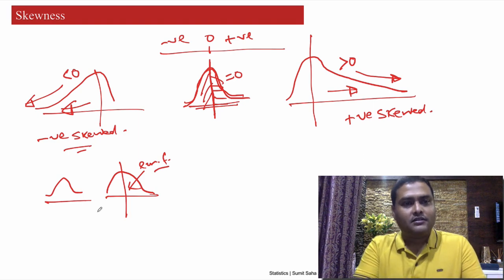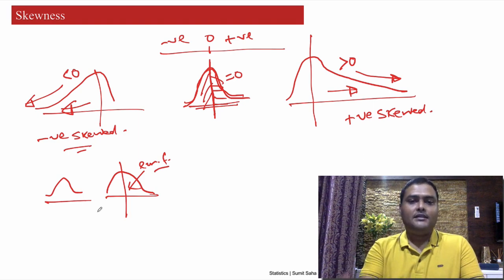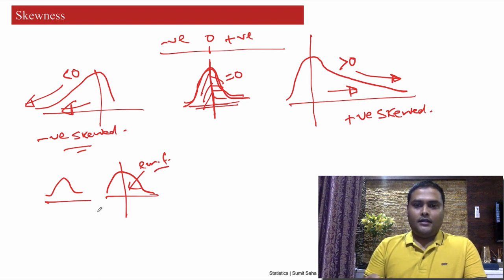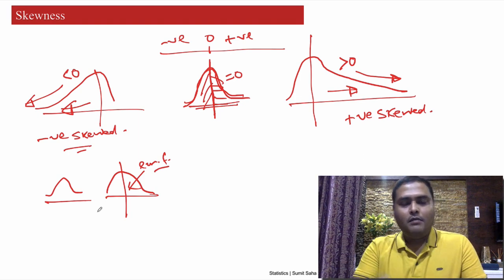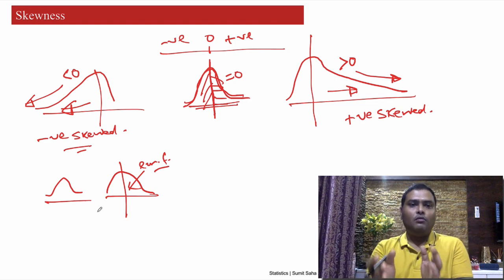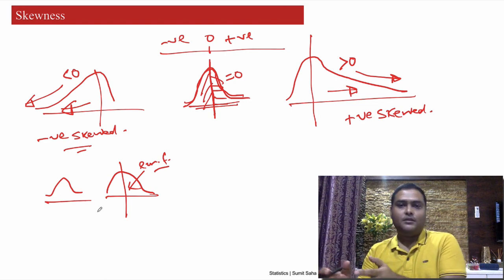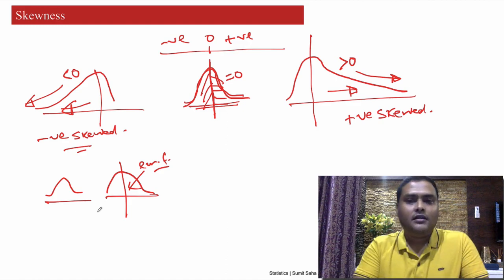Hope you have understood the concept of skewness and why this empirical formula is important, right? Now, one important concept, the location of mean, median, mode, even if it is slightly skewed, we will explain in the upcoming lecture.